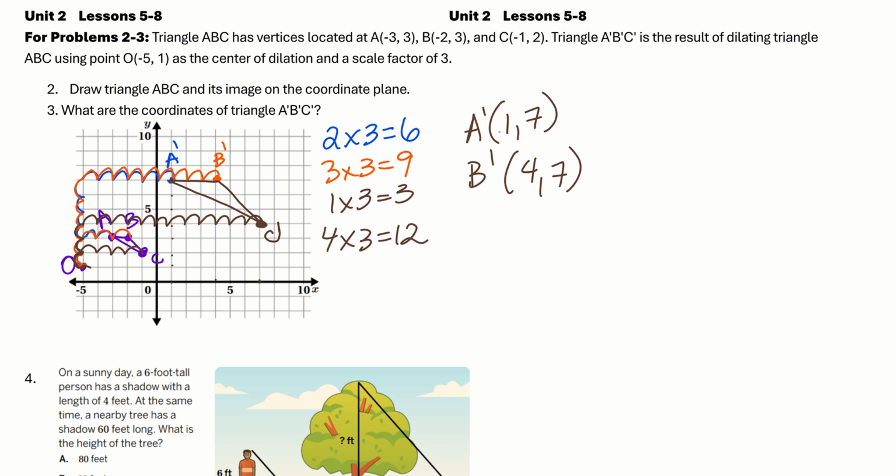See, I got to count. 7, and then 1, 2, 3, 4. So C prime is at 7, 4. That's how we dilate from somewhere that is not at the origin, right? I counted, multiplied, counted again. Counted, multiplied, counted again. You got to do that when it's not at 0, 0.